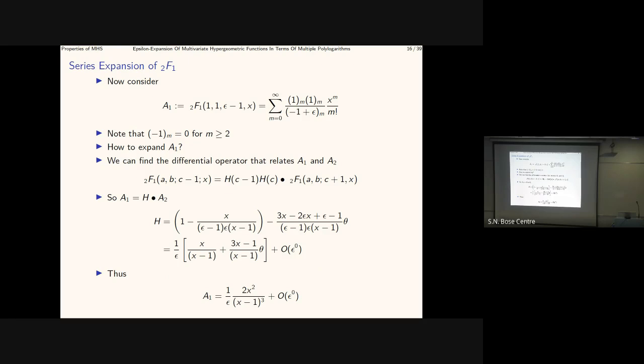When you encounter a function that has a singularity because some Pochhammer parameter goes to 0, then you relate that to a simplified function by a differential operator. Find the series expansion of the simplified function first, and then act that operator on the series expansion. That is the overall strategy.